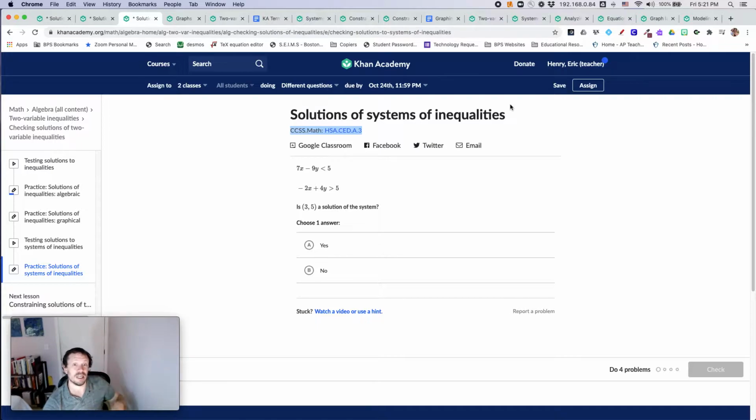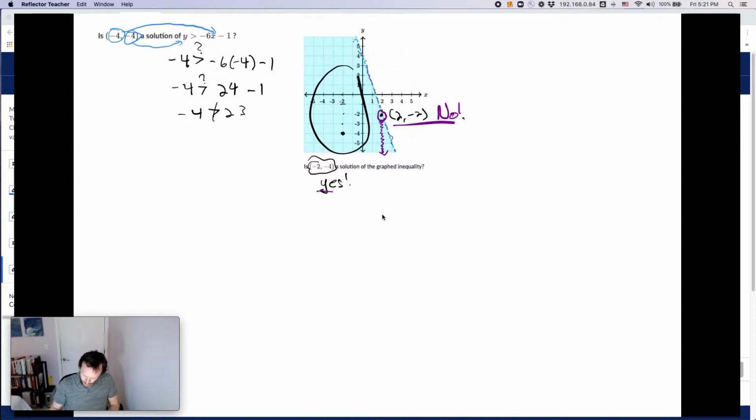Solutions of systems of inequalities. Okay, so now they're looking to see, is this point here, 3, 5, a solution to the system, not just an individual inequality, but the whole system? To check, we just take the point, plug it in to the first inequality, take our x value and plug it in for x, our y value, plug it in for y.